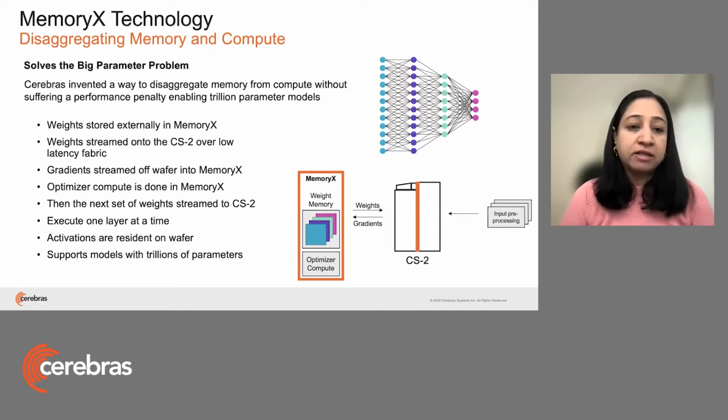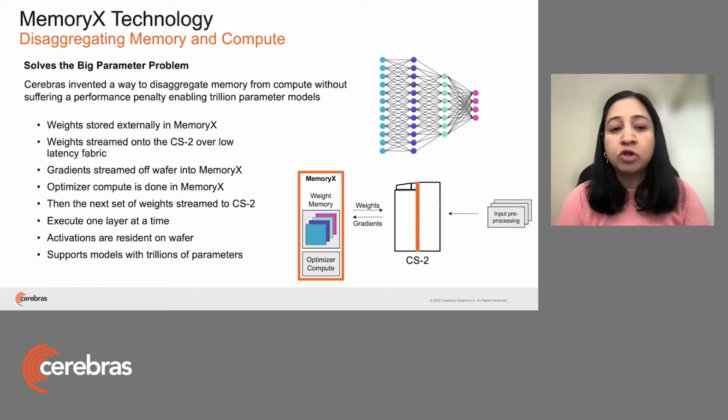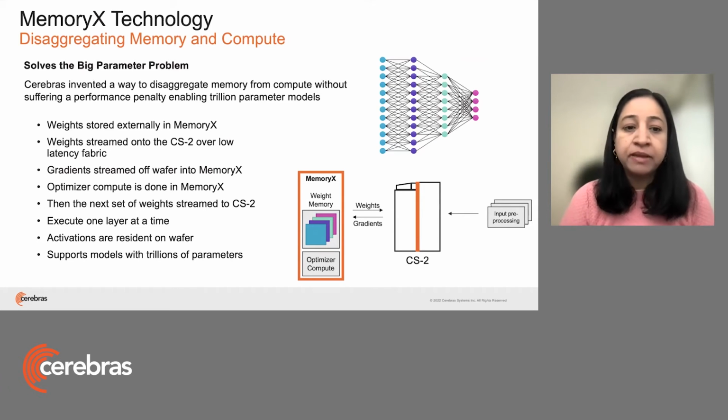So with MemoryX technology, what we have actually invented here is a way to disaggregate memory from compute without having to suffer from a performance penalty and still be able to enable all the way up to trillion parameter models. If you take a look at the diagram here on the right, MemoryX is the one which stores all the weights of your model externally, and it's a separate hardware which is disconnected from the actual wafer scale engine, which is our CS2 system.